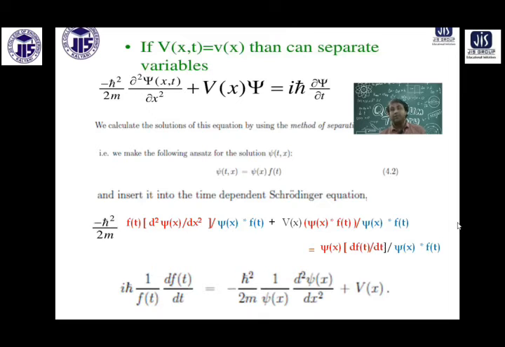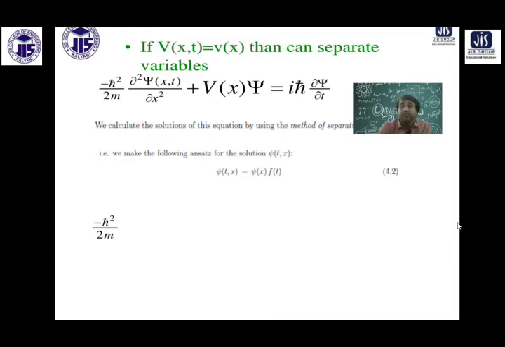Our job is done. We wanted to write that complex equation in a simpler form, and that is being tried here. That complex equation is now in a much easier, much simpler form. You can see this is my final equation.